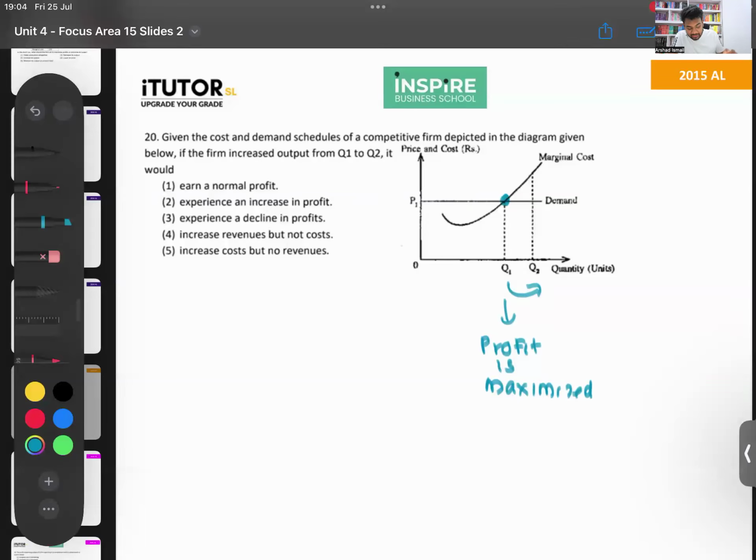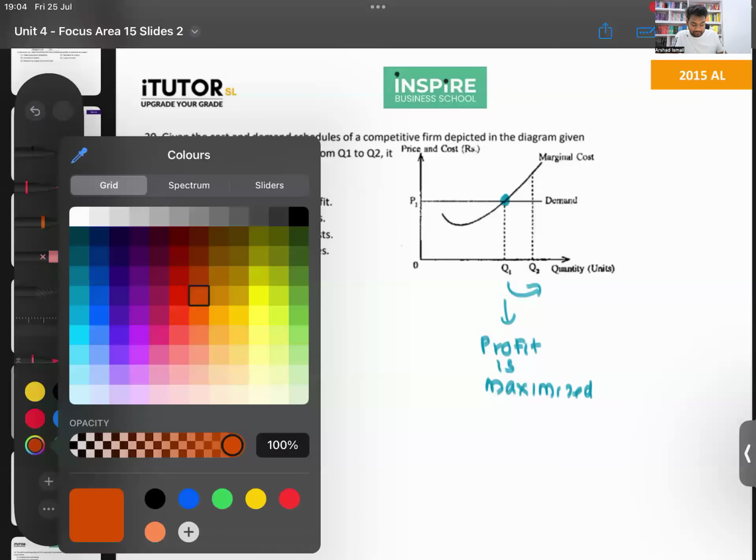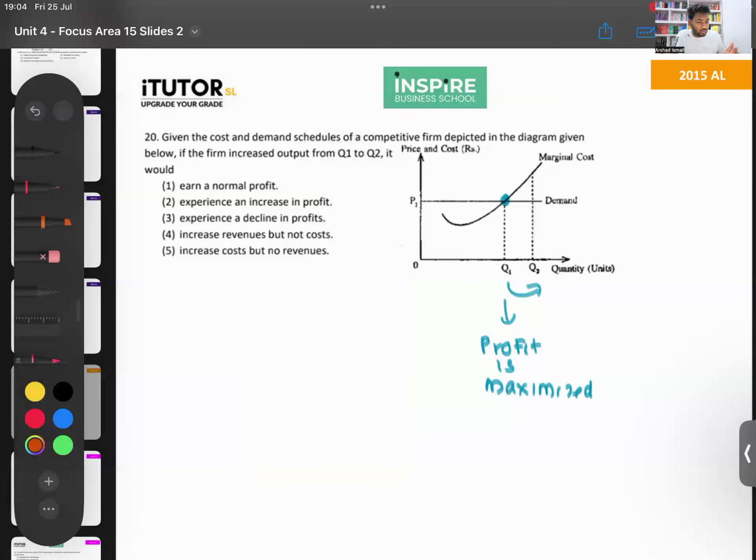Can you all tell me what happens to your total revenue if you go from Q1 to Q2, compared to selling Q1 number of units?